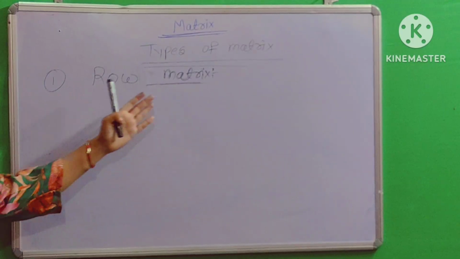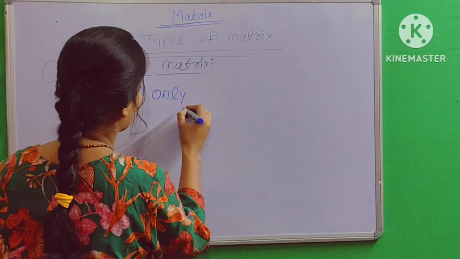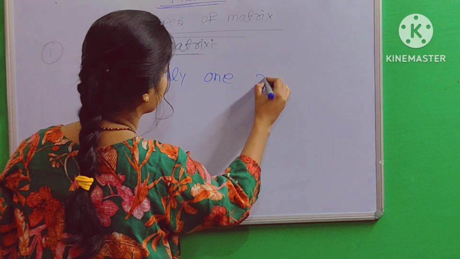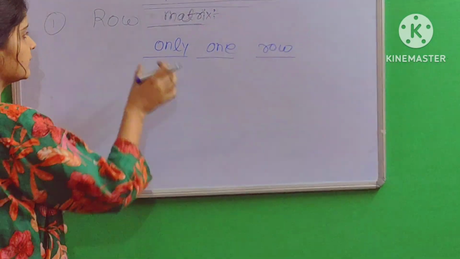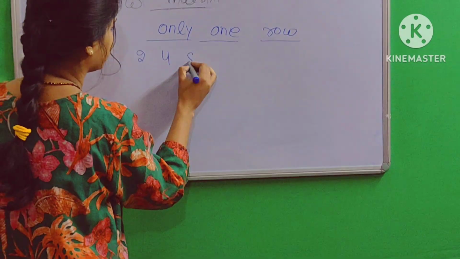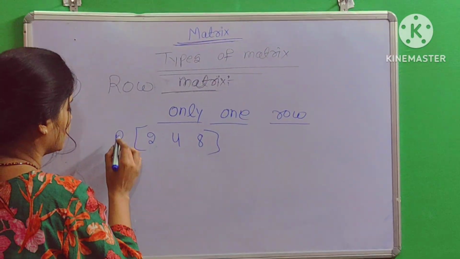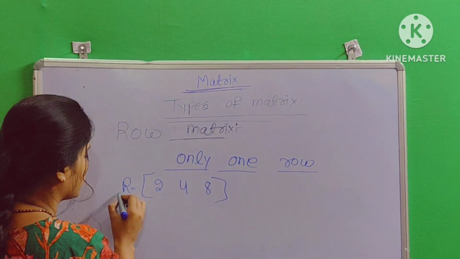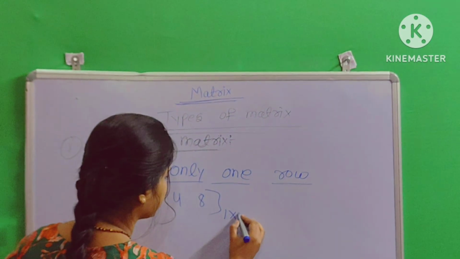Next, this is our row matrix. Row matrix means only one row. If any matrix has only one row, this is called a row matrix. Suppose 2, 4, 8. This is our row matrix because here there is only one row. We can write 1 cross 3.